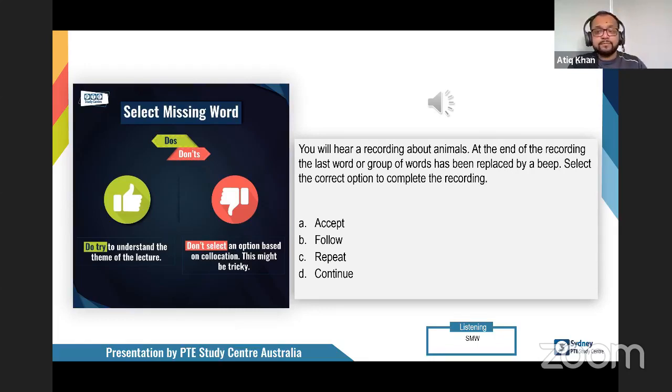However, if I'm listening to a recording and the context could be different, what we don't want to do is just try and relate the last missing word with a collocation. So keeping this knowledge, guys, just simply relax and understand what's going on. It will help you to answer the question. So be ready. I play the recording now in 3, 2, 1.